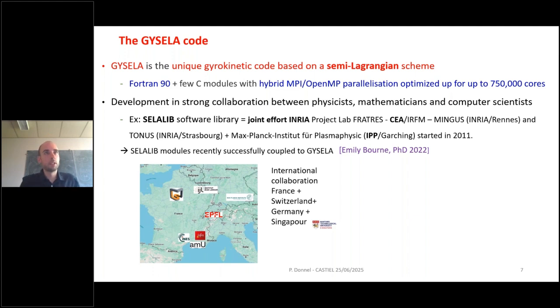The development started more than 20 years ago, and it's a collaboration between physicists, mathematicians, and computer scientists. This collaboration is mostly in Europe, but in the last 2 years, Singapore colleagues joined the project.